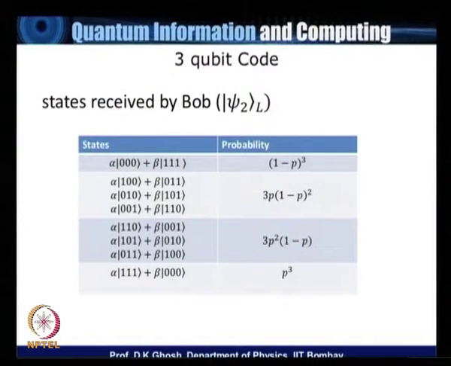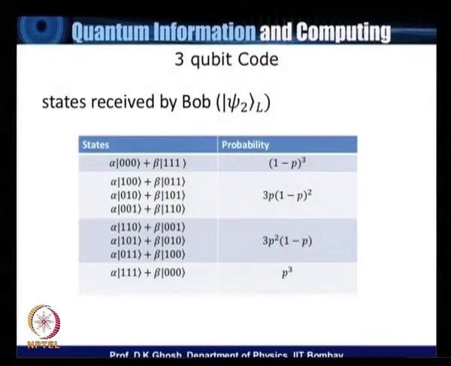Okay, having done that, let us look at what Bob can do. Now, Bob knows that there is a probability with which the noisy channel is working, and so what he has received is what I showed in that table. Now, when Bob receives this, Bob does certain other operations.